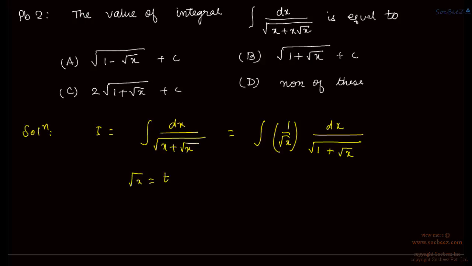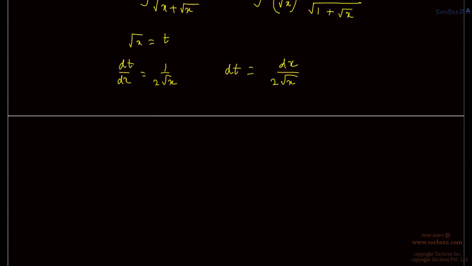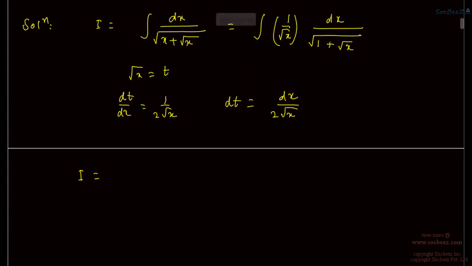So if we take root x is equal to t, then dt upon dx is 1 by 2 root x. So we have dt as dx upon 2 root x. So we can write our integral I as, dx upon root x can be written as 2 dt upon root under 1 plus t.